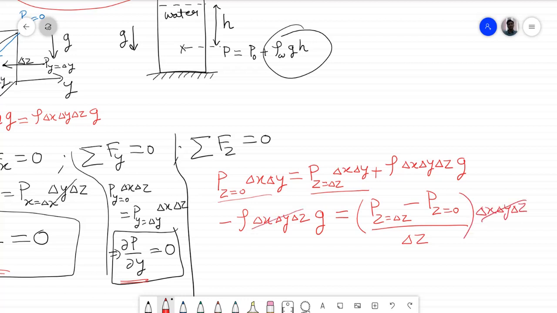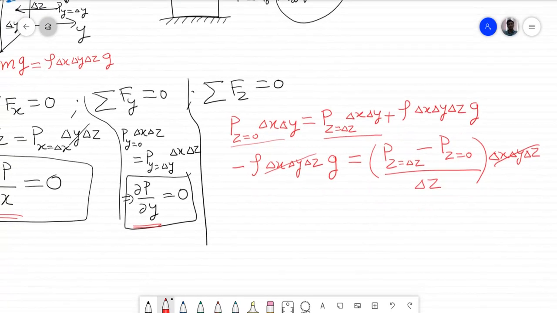We can cancel out these three terms from both the sides. Now what we get is dou p by dou z, which is the right hand side, is equal to minus rho g.